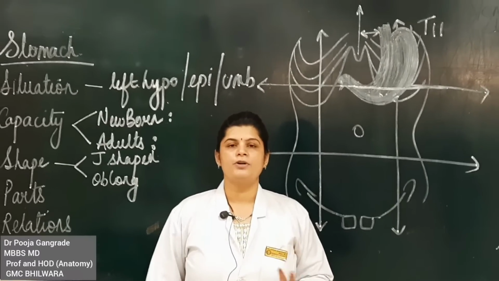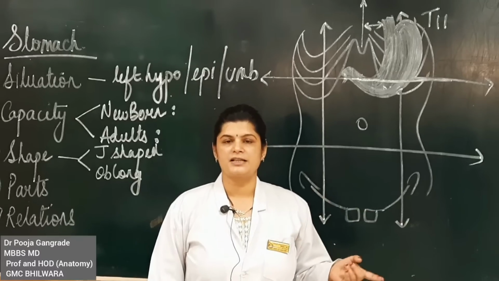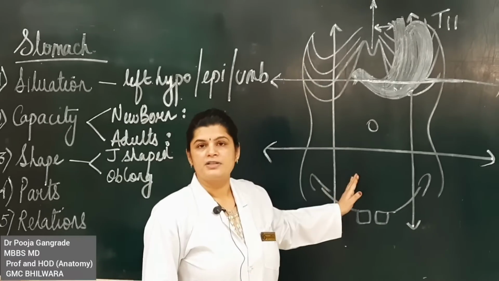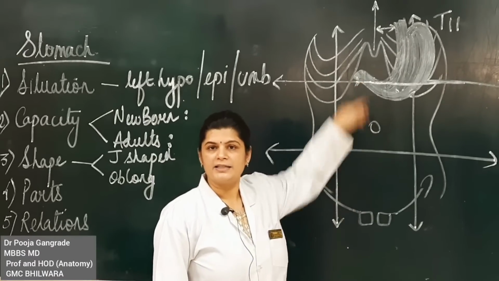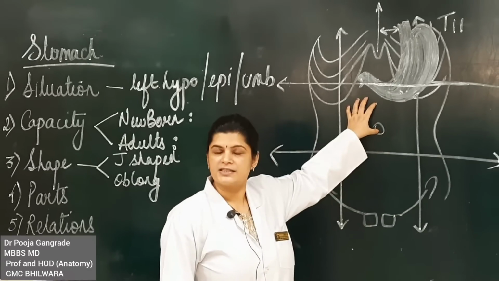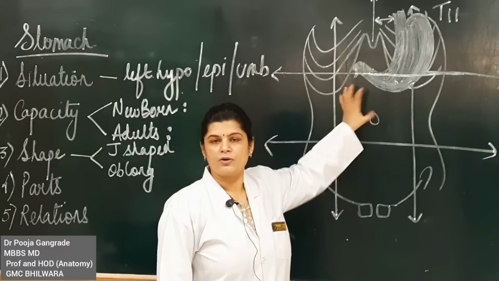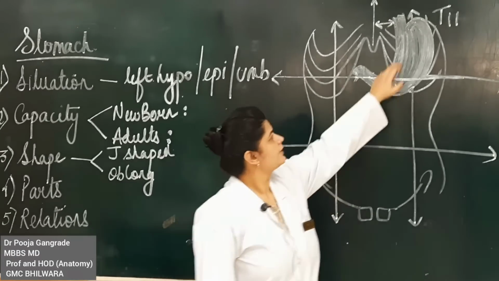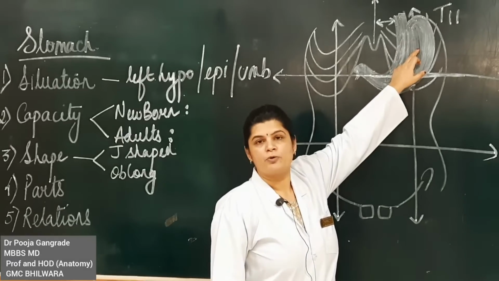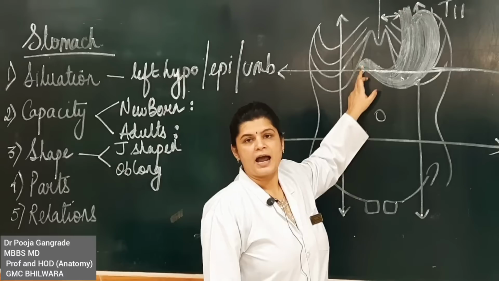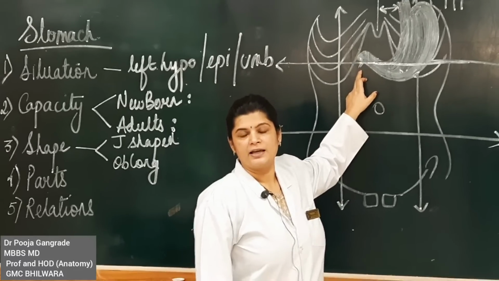The 9 quadrants of the abdomen we've seen in the first lecture when we did the anterior abdominal wall. The 9 quadrants are divided by 2 vertical lines and 2 transverse lines. Because of this, they are divided into 9 quadrants. So the stomach per se is situated in the left hypochondriac area, the epigastric area and the umbilical area.